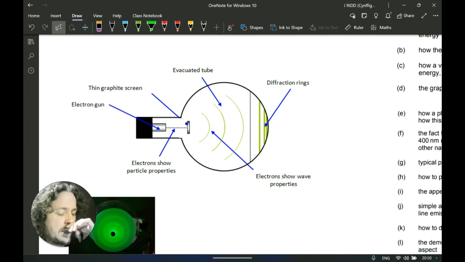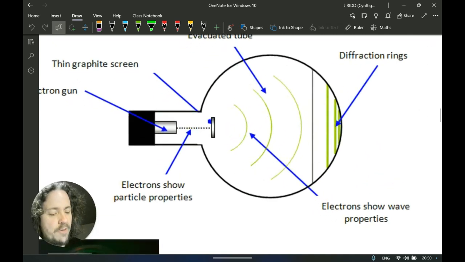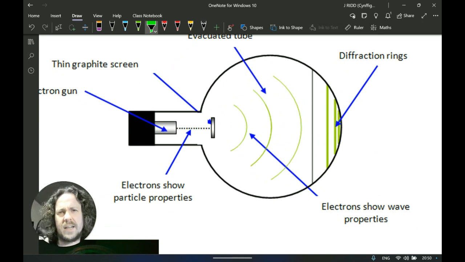Okay, and what we did was we started firing electrons, which are tiny, tiny particles, leptons, some of the smallest we know. We started firing them at really small gaps. If you remember anything about diffraction from the work on waves that is another part of Unit 2, then you remember that diffraction occurs when the wavelength and the gap through which the wave passes are of a similar or comparable size, okay?